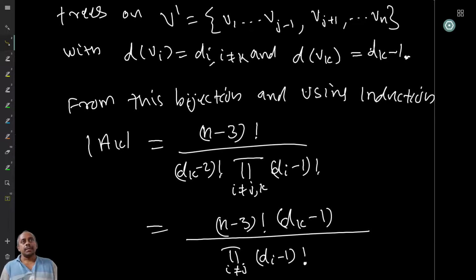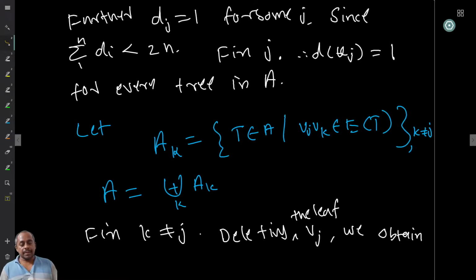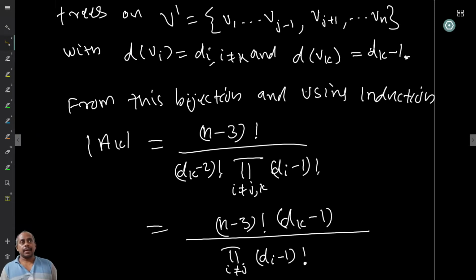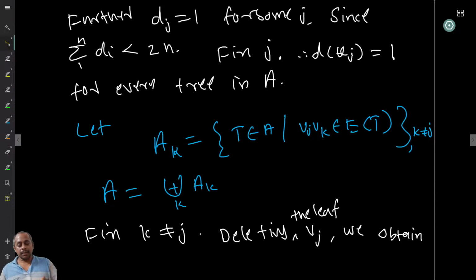Now we can see that there is a bijection between the trees Ak that we are looking at and the set of trees that we obtain here by deleting this leaf, because we precisely have the same thing here except we removed one leaf. And if you have anything here with this degree sequence, we can also add a leaf, make it adjacent to one of the vertices, and then we will get a tree in A. So it must be present in one of the Ak's.